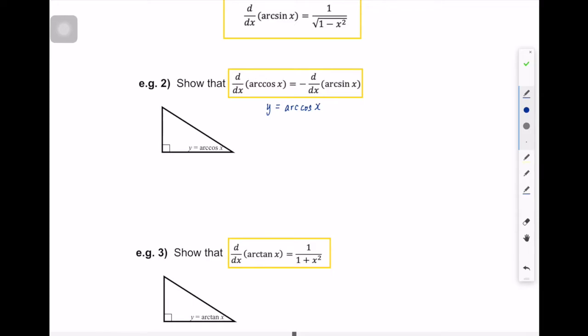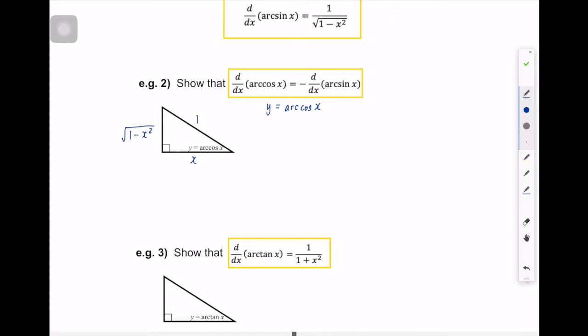We can also label on our triangle, well, since arccos x is the angle, that means the cosine ratio in this particular triangle is x on the adjacent side and 1 on the hypotenuse, making the opposite side the square root of 1 squared minus x squared.